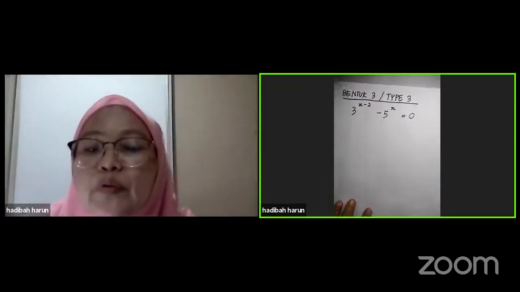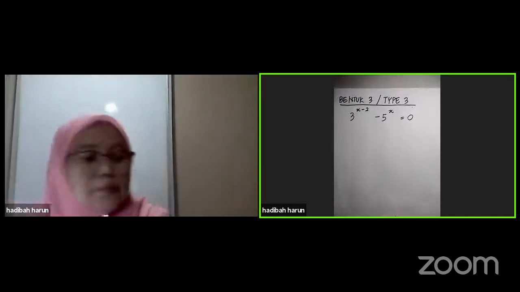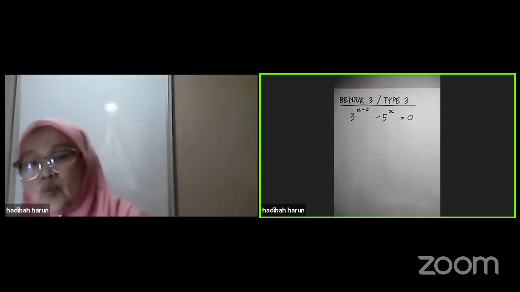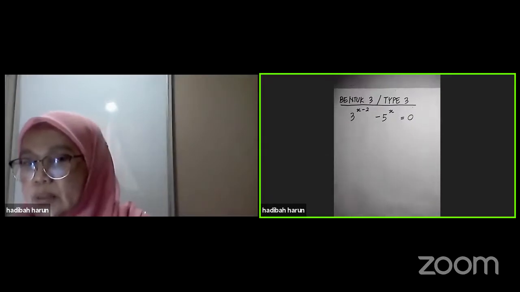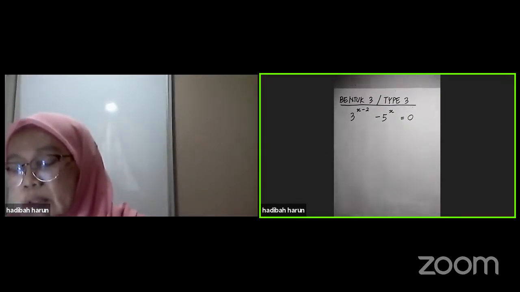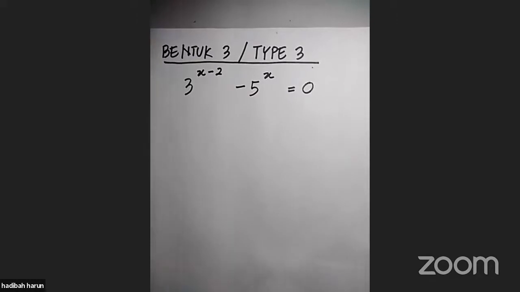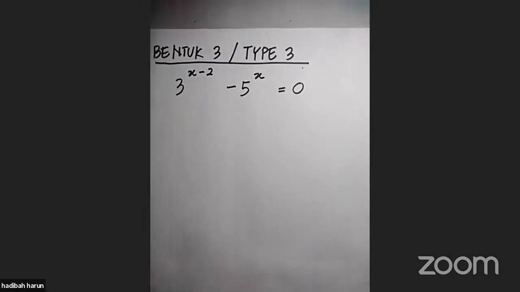Type 1: same base, left and right. Let's refresh. Type 2: there are at least 2 terms, can be more than that, 3 terms, 4 terms, and there are 2 steps. First, separate by using algebra 2, 3. Then the next step is factorize. How about type 3?